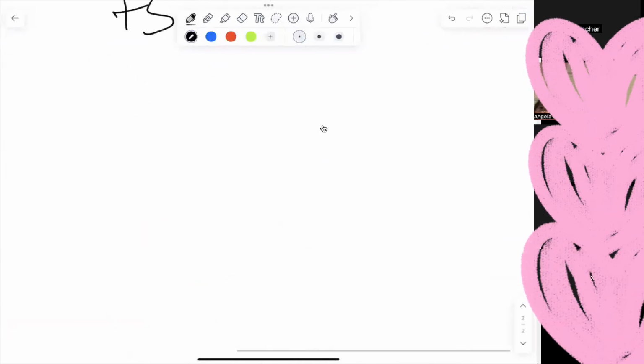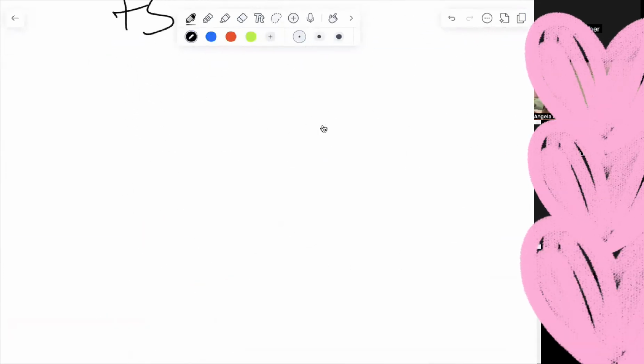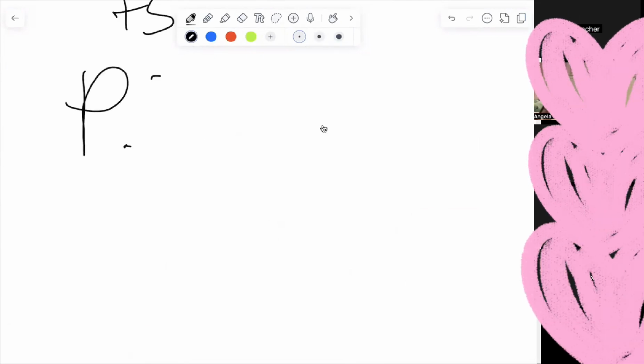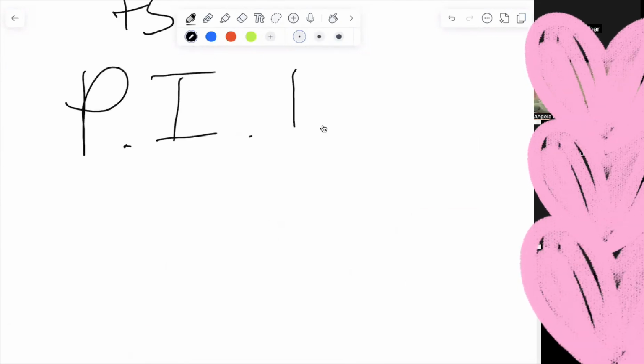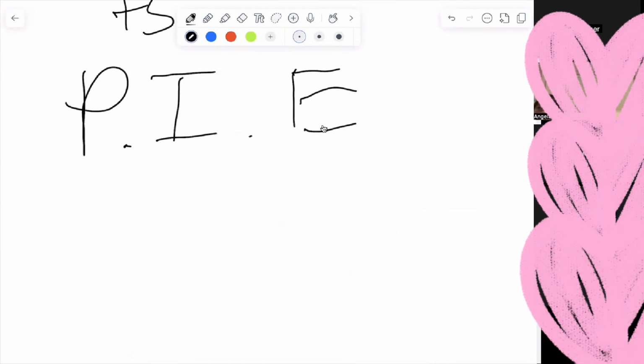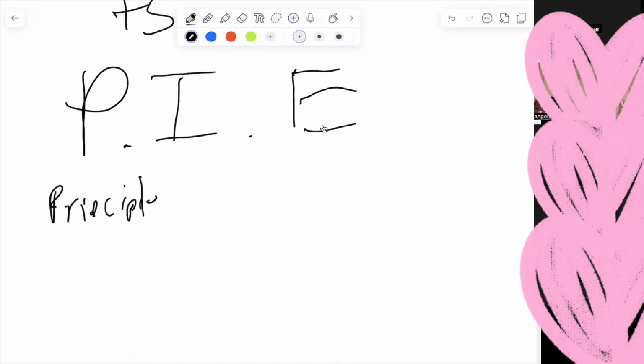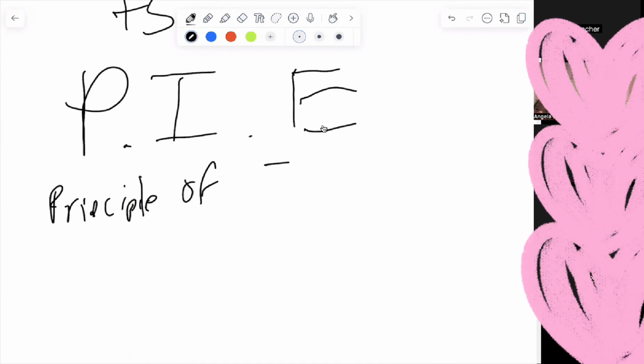So basically, the method we used here is PIE, the principle of inclusion and exclusion.